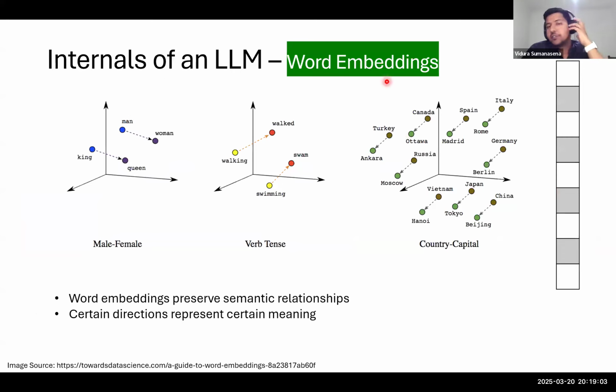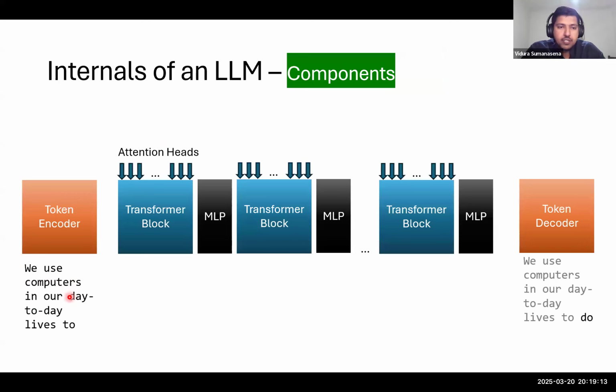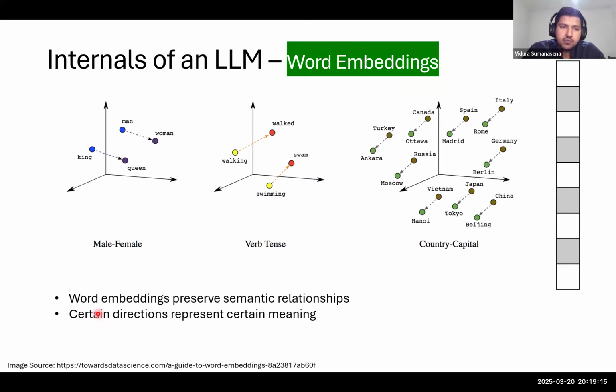All right. The first thing that you need to understand is this notion of word embeddings. Let's say we have some text like this: we use computers in our day-to-day lives. The idea of word embeddings is that it will preserve the semantic relationships between words.